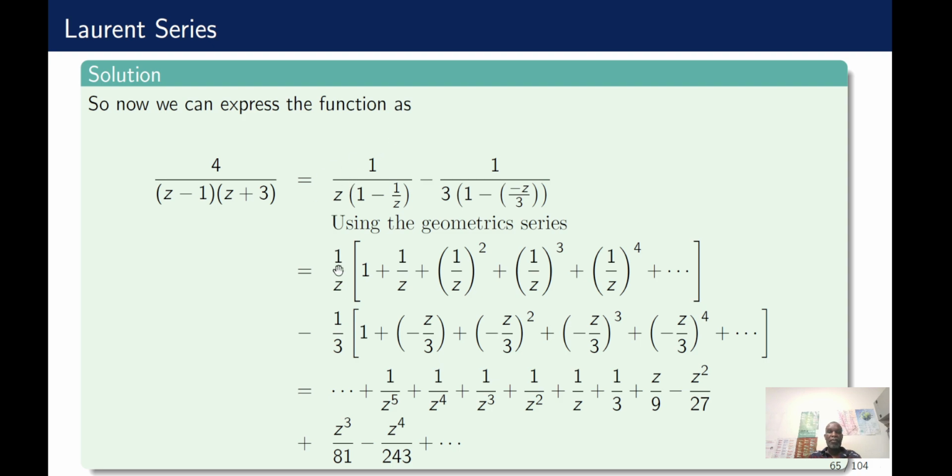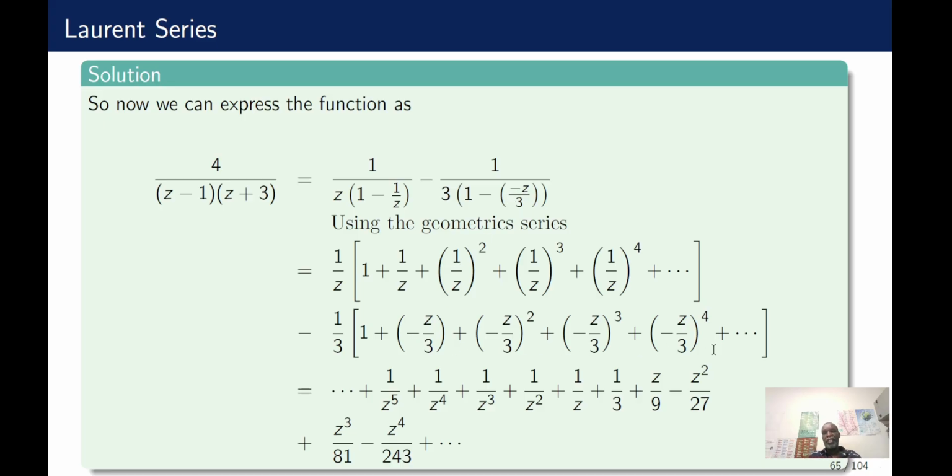I'm keeping it outside, so the series is for the term in brackets. Our alpha in this case is 1 over z, so you have 1 over z, 1 over z squared, and so forth up to infinity. We are going to subtract 1 over 3, which is outside. For the second one, our alpha is minus z over 3. That's what we have here.